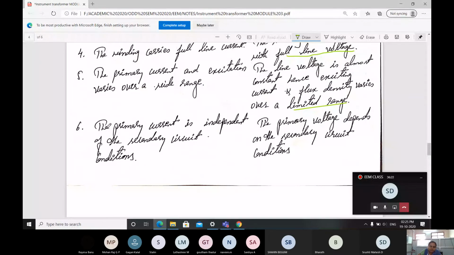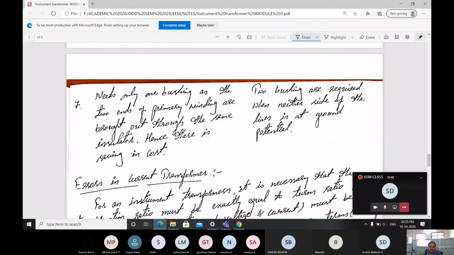The next point is that the primary current is independent of the secondary circuit conditions. In the potential transformer, the primary voltage depends on the secondary circuit conditions. Here it is independent, here it depends. Okay. And the last one, the seventh point, is that the current transformer needs only one bushing as the two ends of the primary winding are brought out through the same insulator.